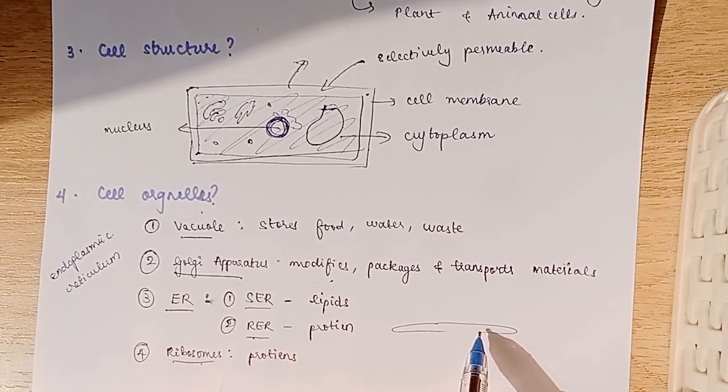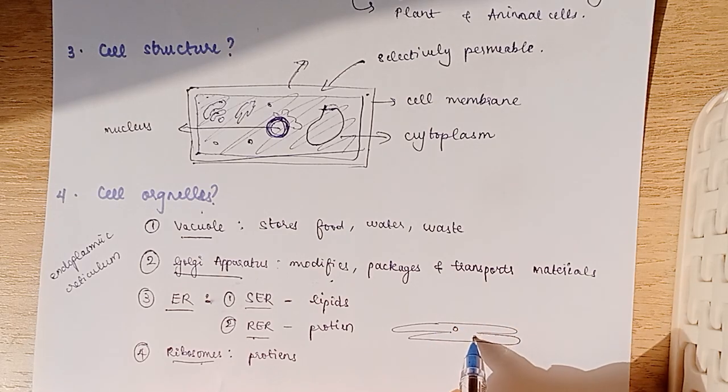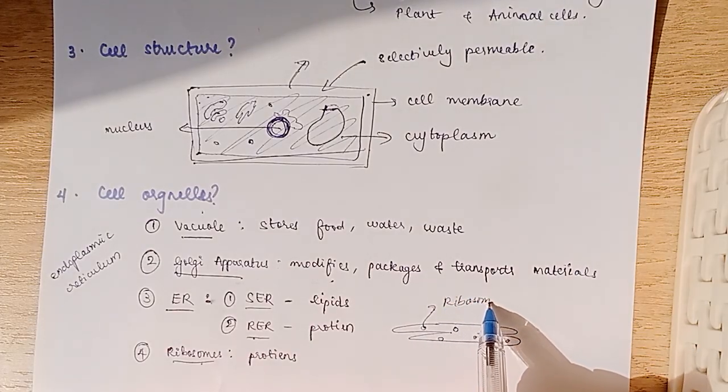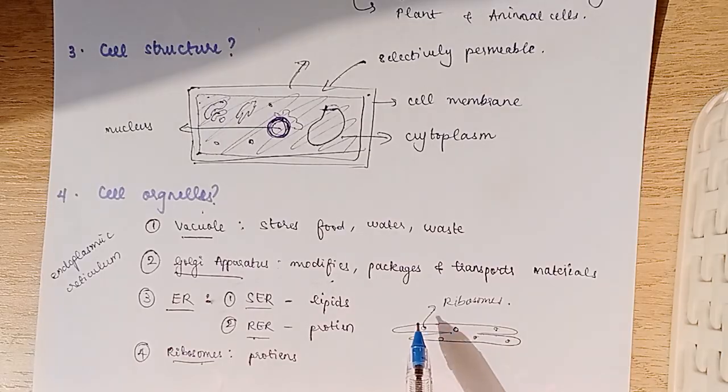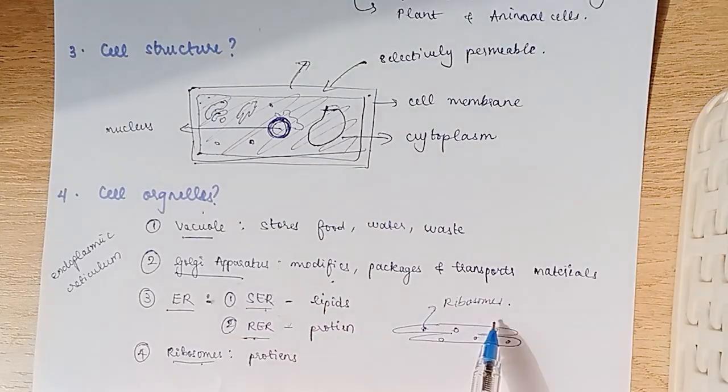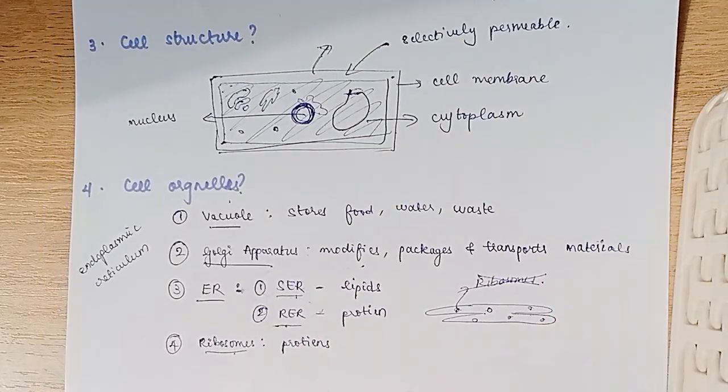On the surface of the RER, this is how RER looks. You can find small substances like this. This is a ribosome. Because of the presence of ribosomes on the rough endoplasmic reticulum, it looks really rough. That's why we named it rough endoplasmic reticulum. And smooth endoplasmic reticulum does not have any ribosomes.